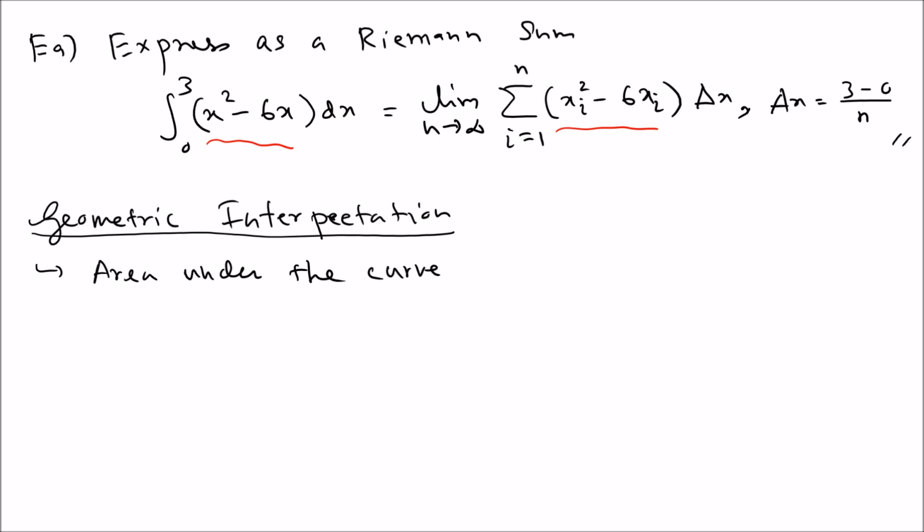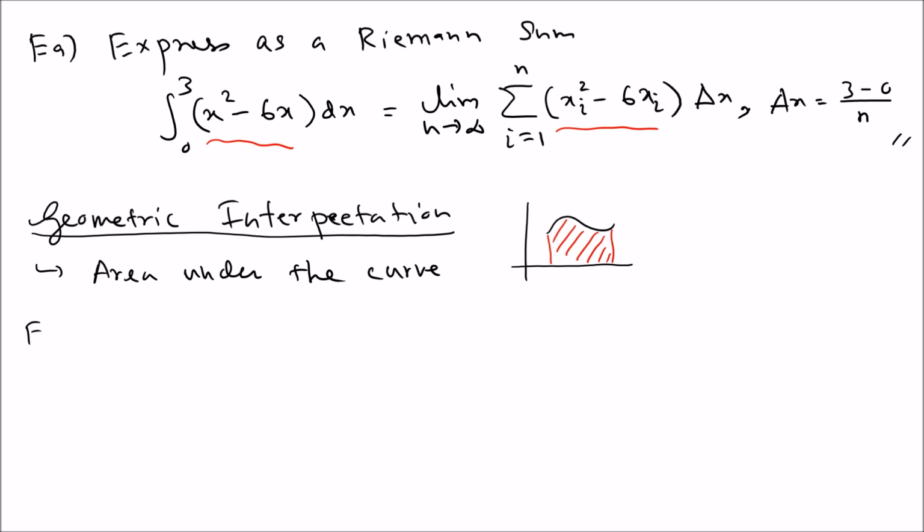That's how we call it, under the curve, and so it is this area. We normally call it under the curve, but be careful, that's under the curve above the x-axis.